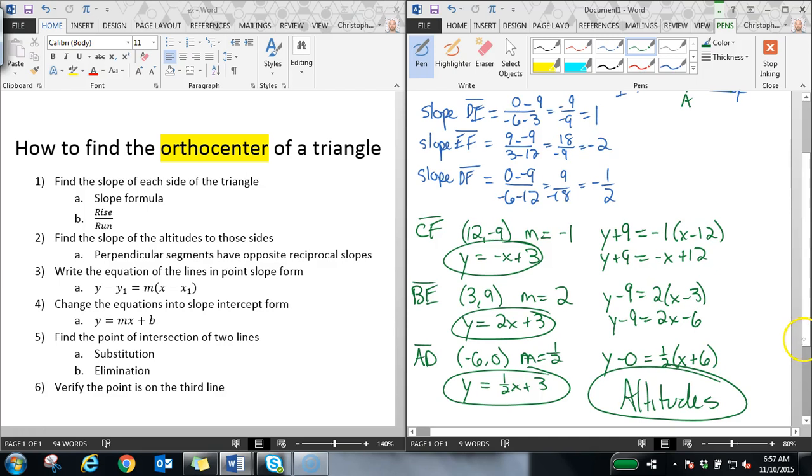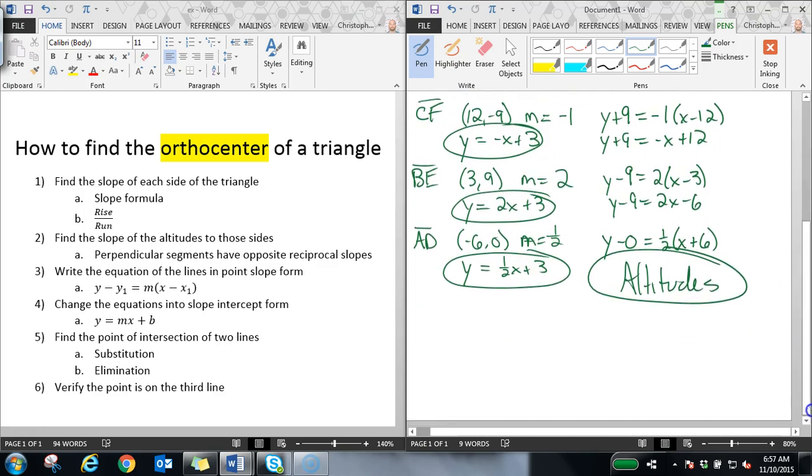Of course, the intersection of the altitudes is where our orthocenter is. So we've done steps 1, 2, 3, and 4. Now for step 5, we have to find where 2 of them intersect. I'm going to just take the first 2. In slope-intercept form, this equals y and this equals y, so they have to equal each other by the transitive property.